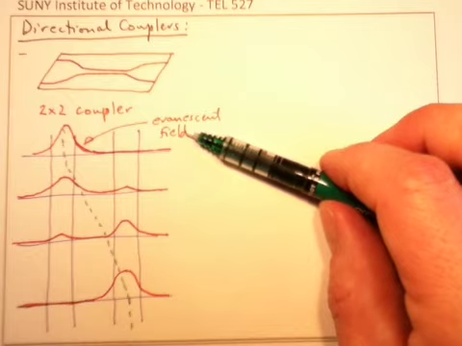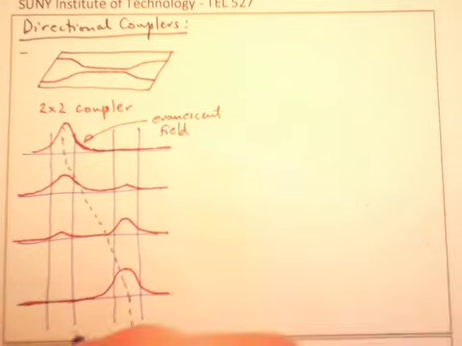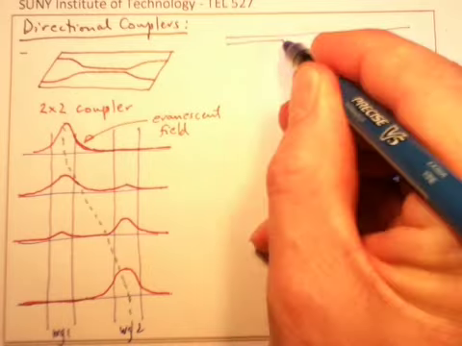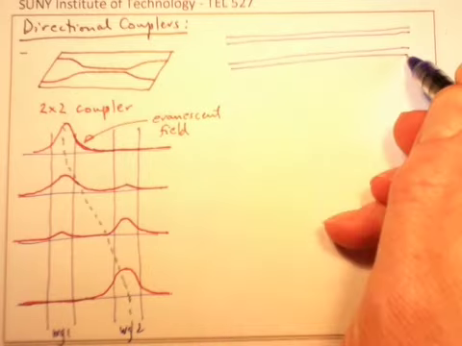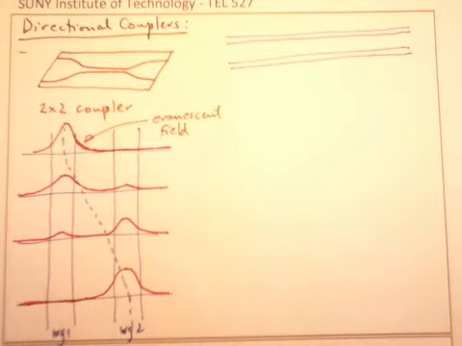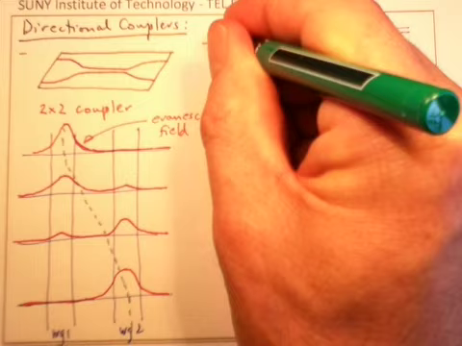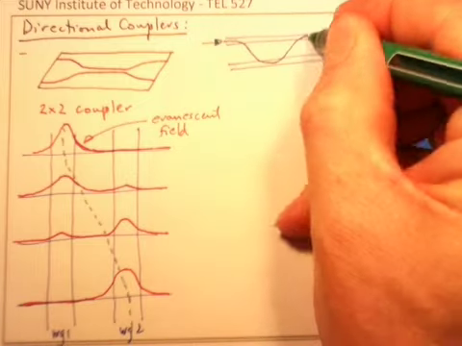And when you have two waveguides, let me draw two waveguides like this in a horizontal configuration. What's going to happen is that the optical power will go back and forth between those two in a sinusoidal way.